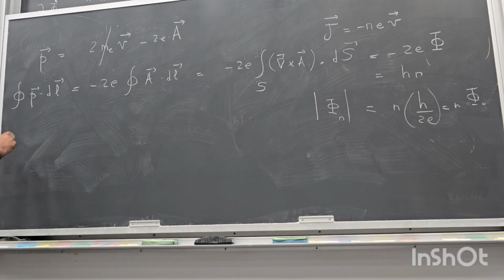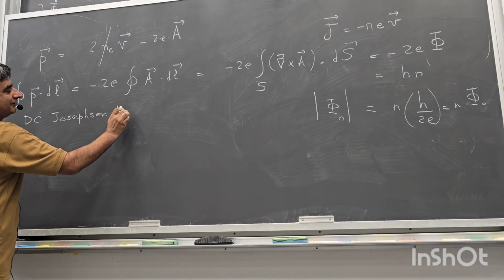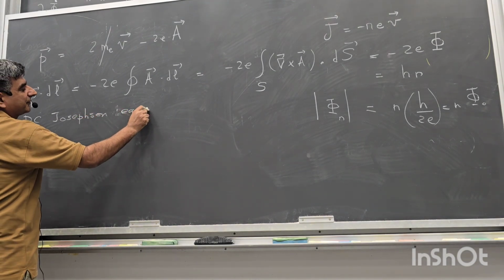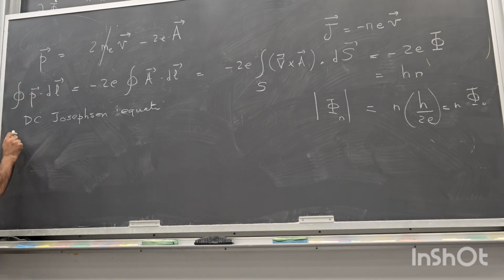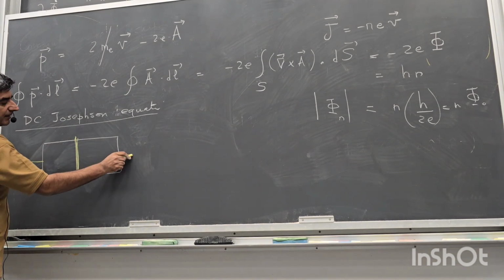Let me give you the very basics of the DC-Josephson effect. So if I have two superconductors sandwiched by an insulating material, and I have some voltage here and I have some voltage here.